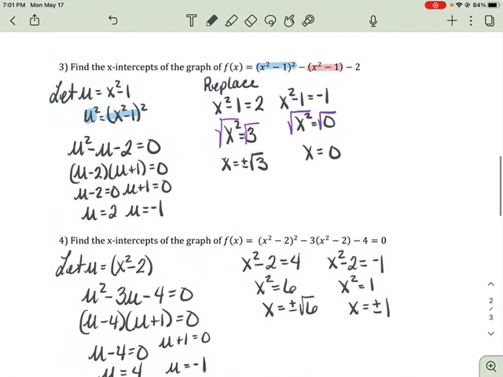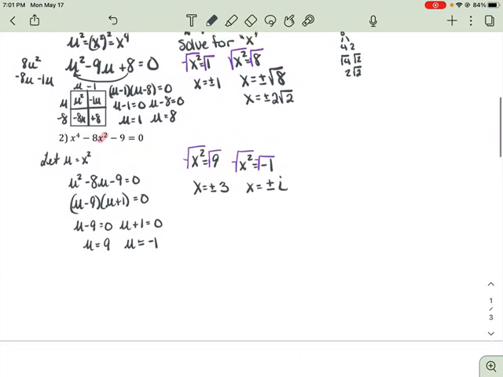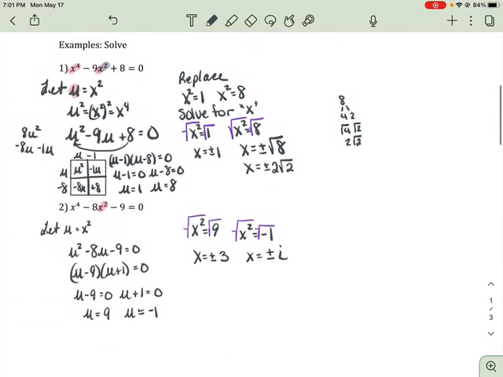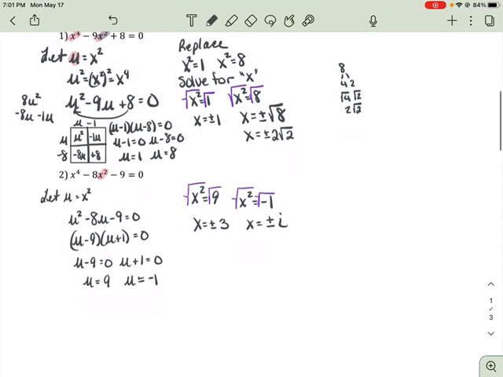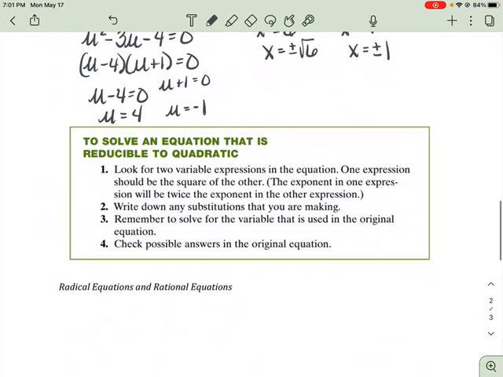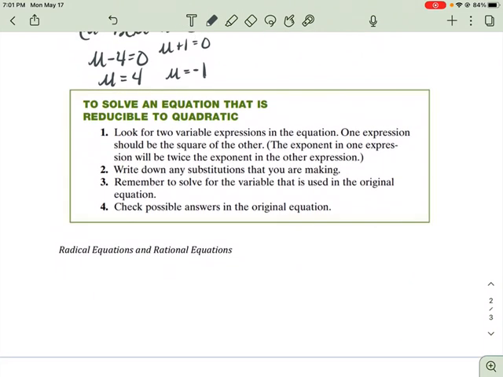Okay, so now that we've got this let u thing happening, it can be used for any number of problems. So let's try some rational equations and radical and rationals.